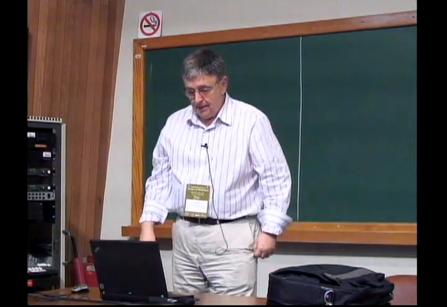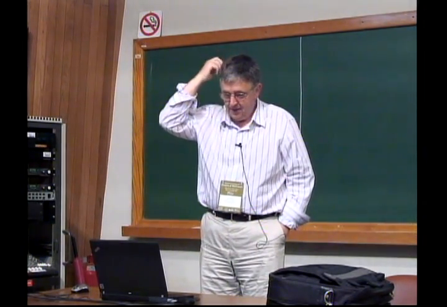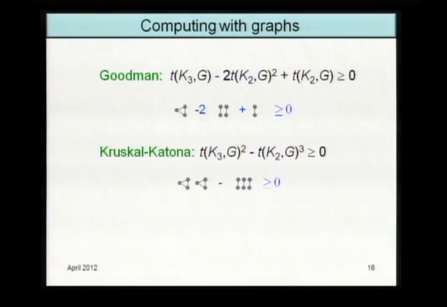Now, let me introduce some convenient formalism here. There is Goodman's theorem, now stated in terms of densities. Recall that t(K3, G) is the density of triangles in G, and I just rewrote his theorem in terms of these densities.